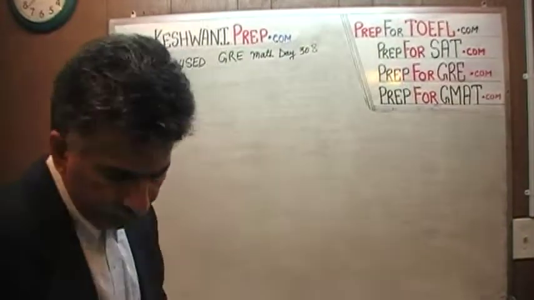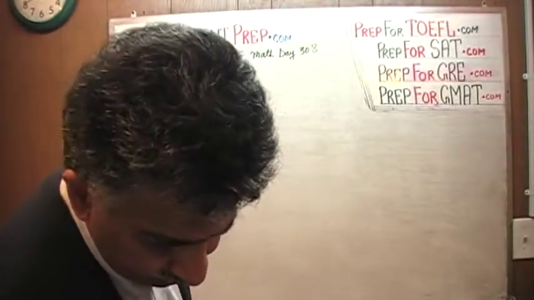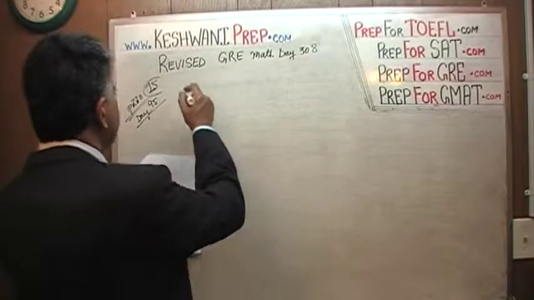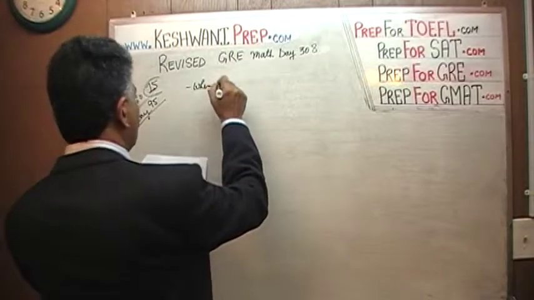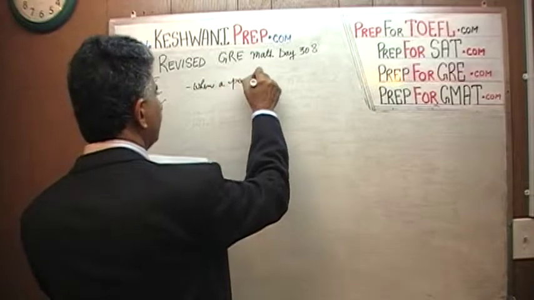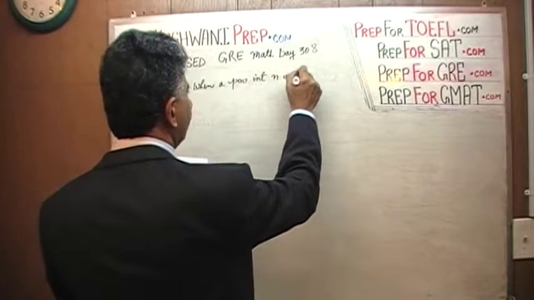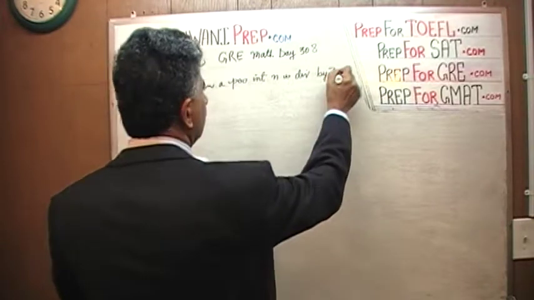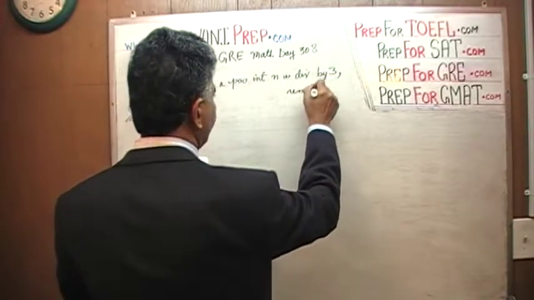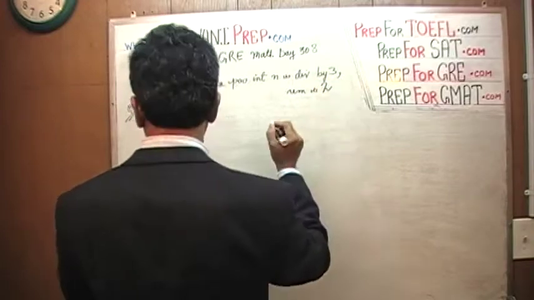Here's how the problem goes. It says, a positive integer n is divided by 3, and we are told that the remainder is 2.